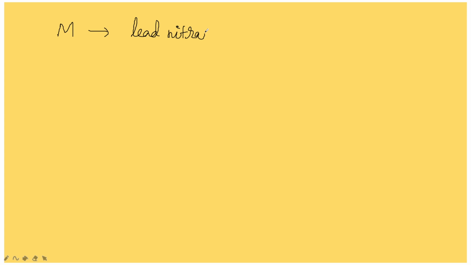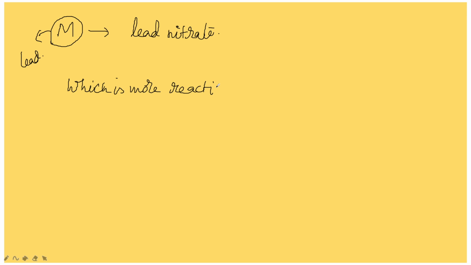It is observed that after some time a thin layer of lead gets deposited on M. So which is more reactive, lead or M? Tell me the answer in the comment section or the chat box. Which one is more reactive?